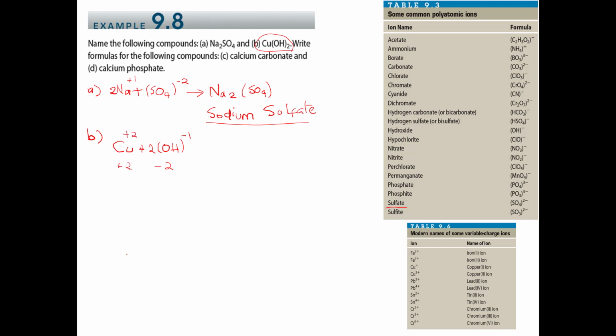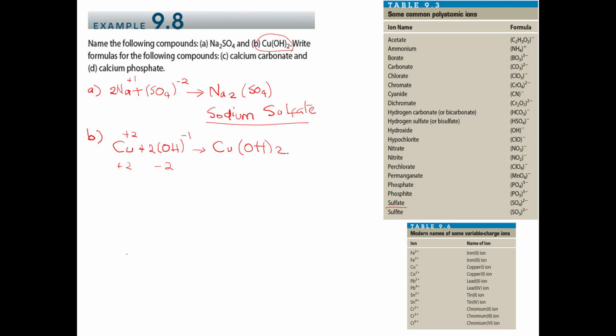It's the only way we can get a neutral compound. This is the only way we can get the formula we had here: copper and 2 units of hydroxide.